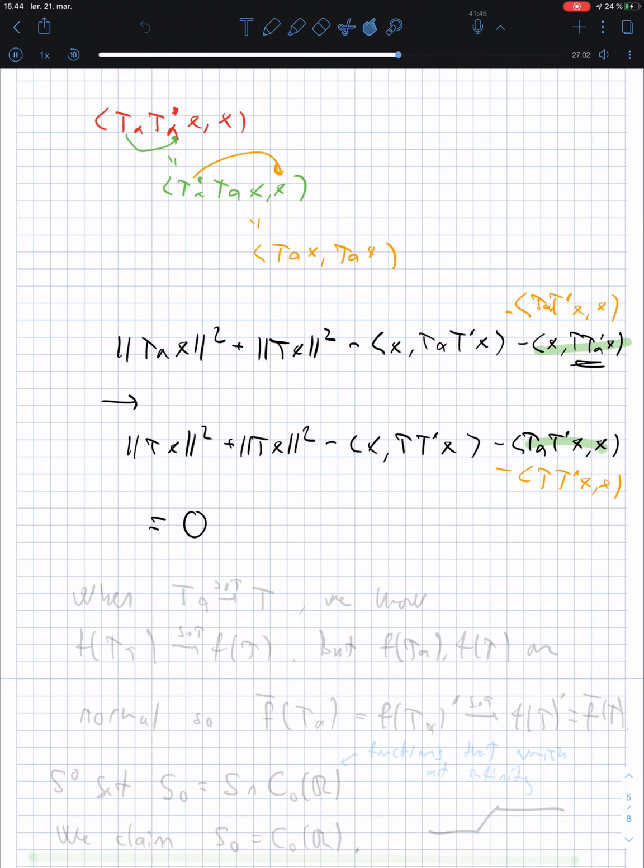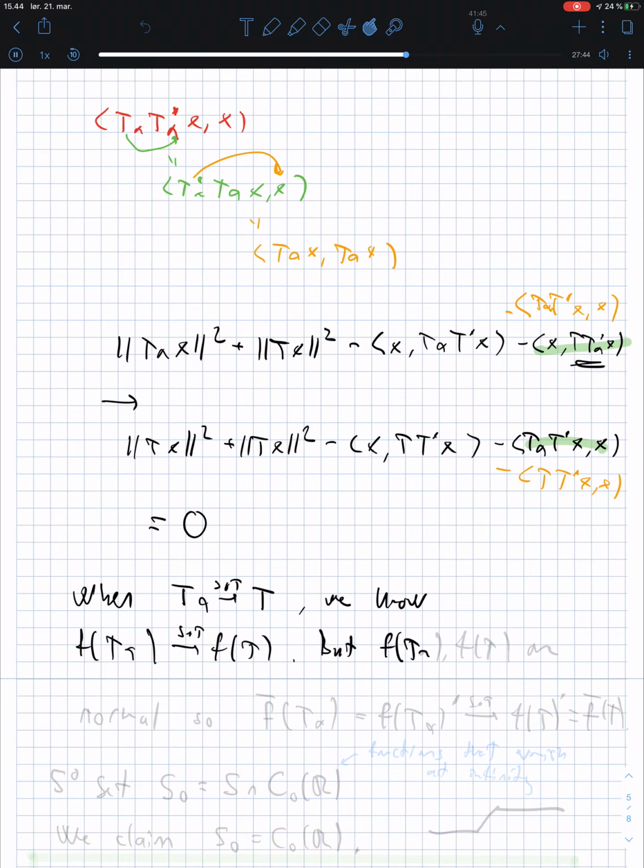So this computation tells me that taking stars is a strongly continuous operation if we restrict ourselves to the normal operators. And then it's clear that, what we're trying to prove is that when T alpha goes to T strongly, we know that f of T alpha goes to f of T strongly by assumption.